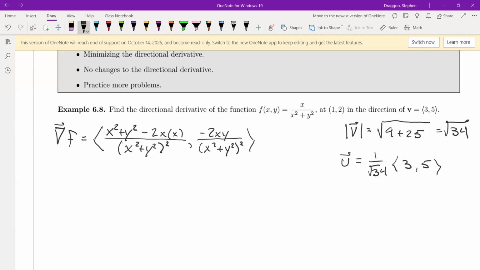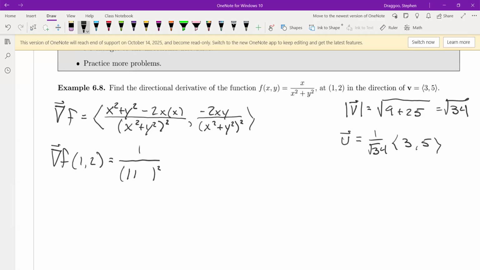I digress. I should now plug some numbers into the gradient. Those numbers in particular are going to be 1, 2: 1 for x, 2 for y. And I'm also going to pull out my denominator since it's common between both terms. It is 1 squared plus 2 squared, all of that squared. So let's call that 1 plus 4, squared. I didn't like my handwriting there, so let's try again. 1 plus 4, times, all that's left over is going to be the numerator.